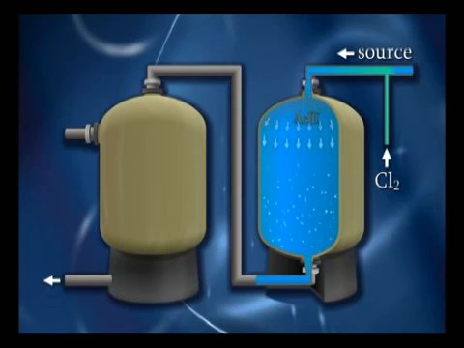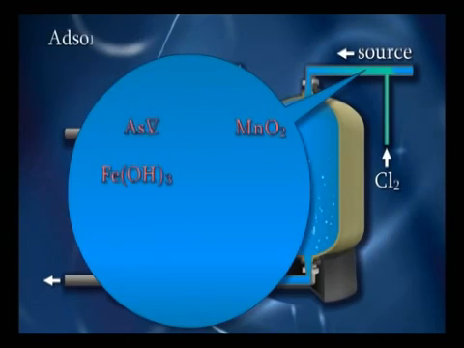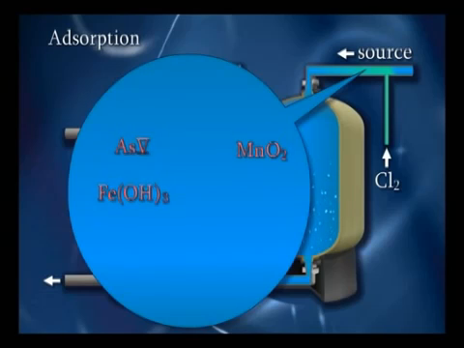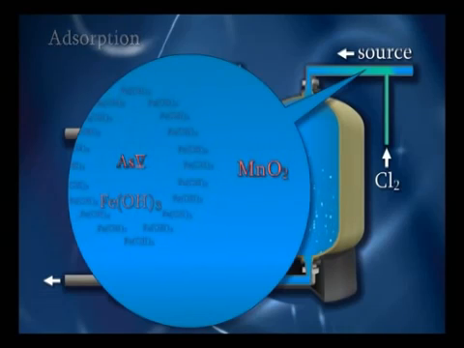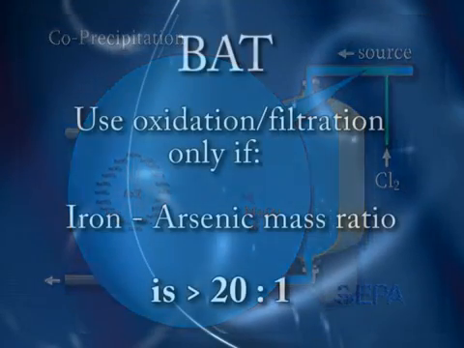If arsenic is present in the water, it is removed either by adsorption or co-precipitation. In this pressure tank system, the oxidation process converts the iron to insoluble iron hydroxide and any arsenic-3 to arsenic-5. The arsenic-5 is attached to the iron oxides through adsorption and/or co-precipitation and is removed by filtration.